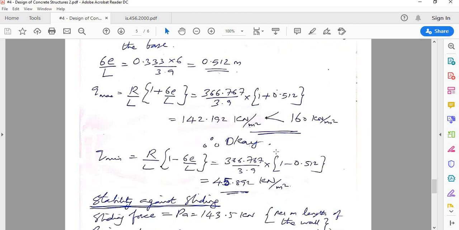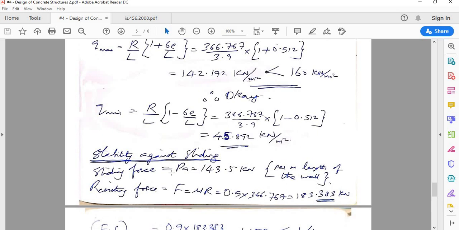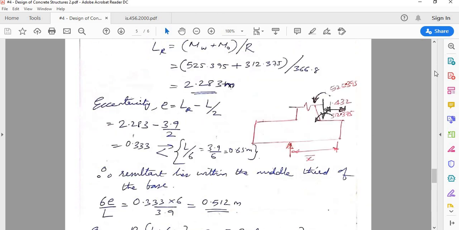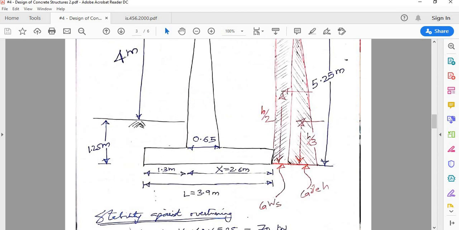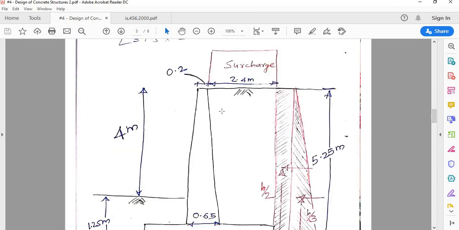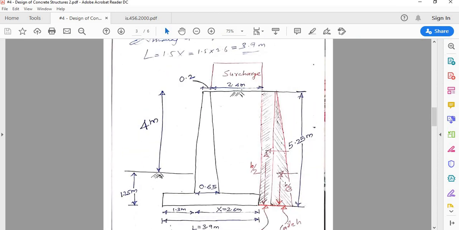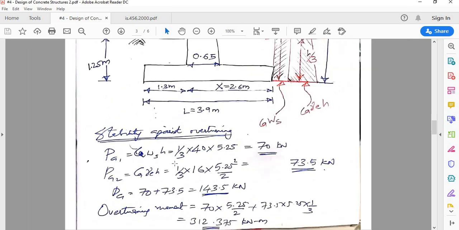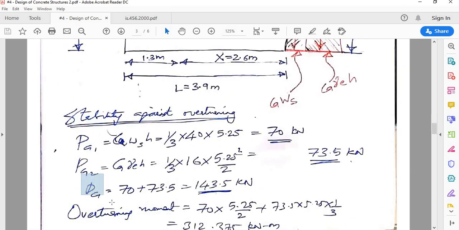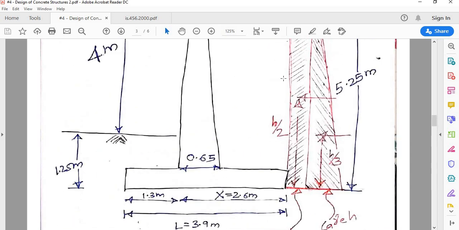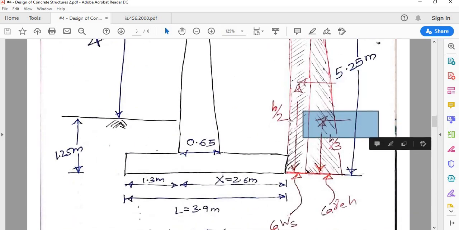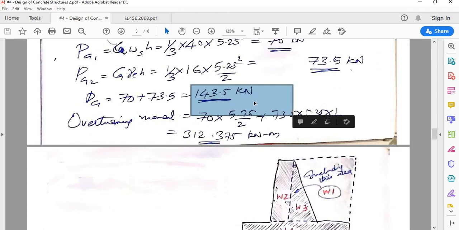Now let us check for the sliding. The actual sliding force, we know, is nothing but the total contribution of the active earth pressure and the component due to surcharge. That we have already calculated for checking overturning moment. So PA, which is the sum of PA1 plus PA2 as given in this diagram, this plus this, is 143.5.